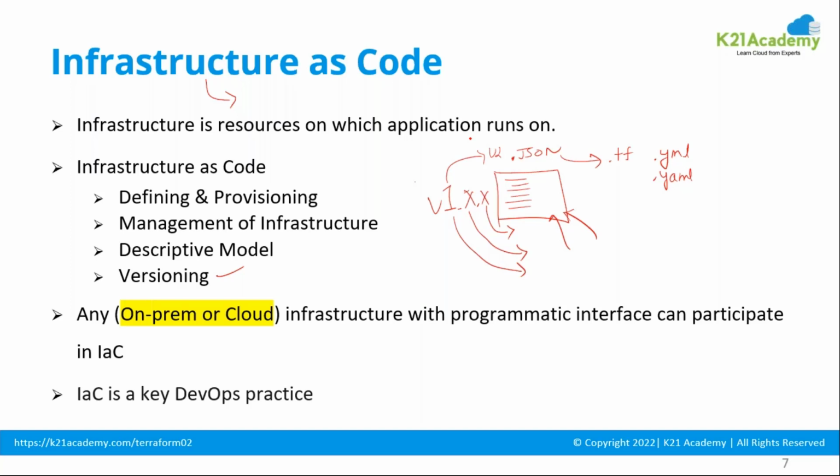There are any number of reasons why companies are going for that. But irrespective of that, the most important thing to highlight is that any infrastructure, be it on premises or cloud, you can easily interface with, manage, and provision using the approach of infrastructure as code. This also is used nowadays in DevOps, where the development and operations teams work together.